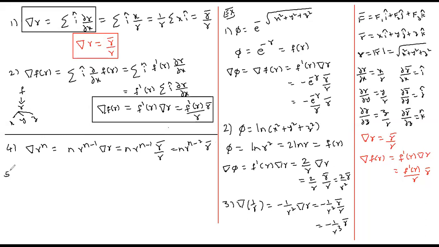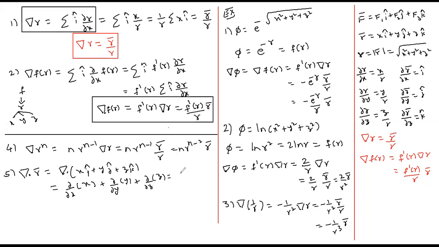Suppose I want to find out divergence of r bar. How do I find out divergence of r bar? What is r bar? xi bar plus yj bar plus zk bar. Now I gave you a formula for divergence. What is the formula? dou by dou x of first component with respect to x, plus dou by dou y of second component with respect to y, plus dou by dou z of third component with respect to z.